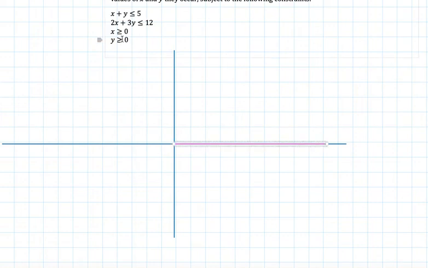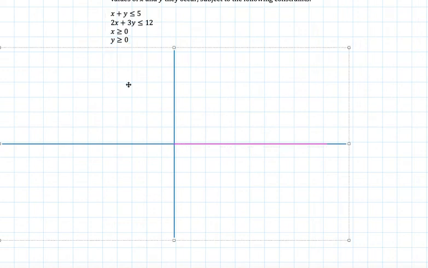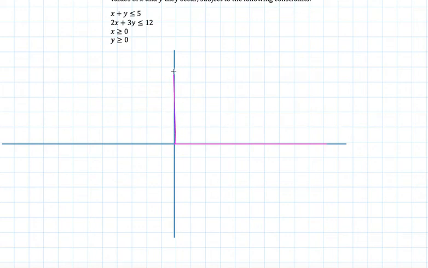Okay, I'll kind of make those. And then when x is greater than 0, it's going to be the y-axis. So basically we have this area here, the first quadrant, and you're going to see that they're all pretty much going to be in the first.